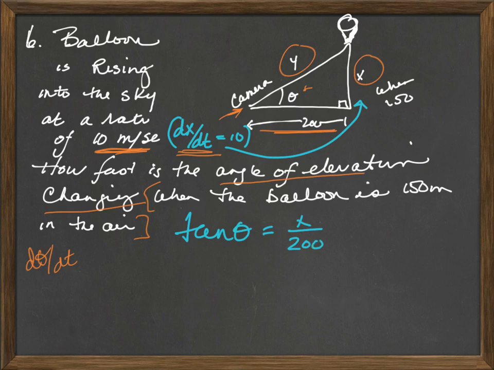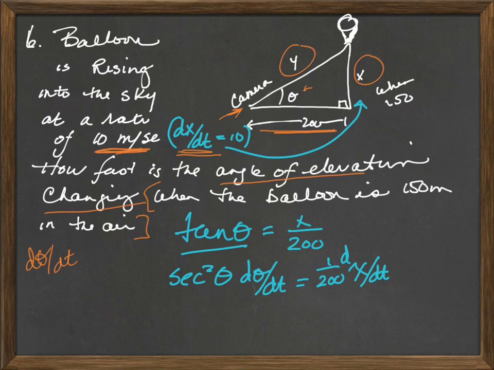So we know we can take the derivative of this. So I'm going to take the derivative first. If I take the derivative of this side, I get secant squared theta, that's the derivative of tangent theta, d theta dt, so I should write that right, d theta dt is equal to 1 over 200 x dx dt.